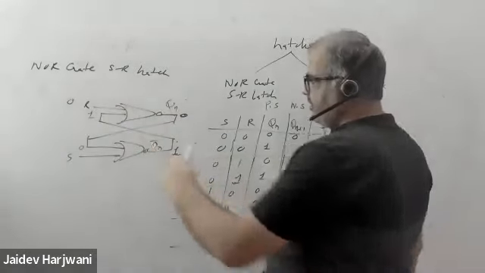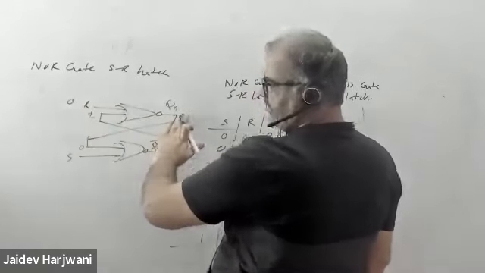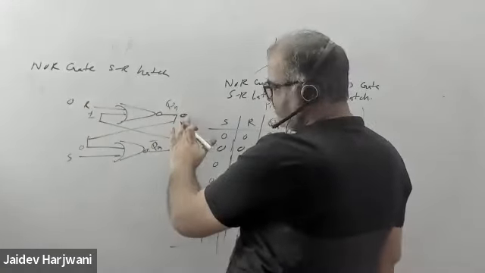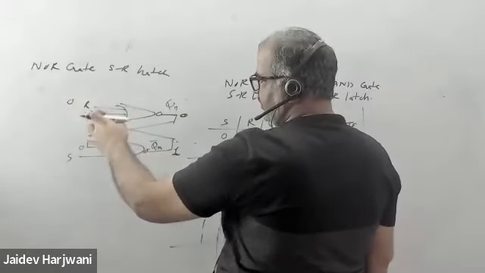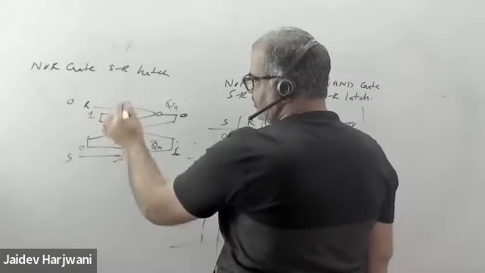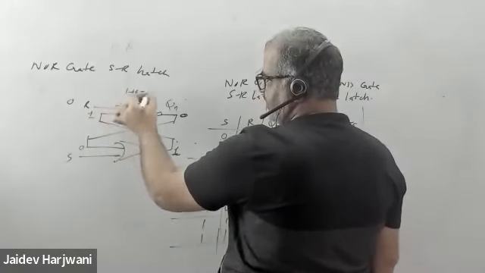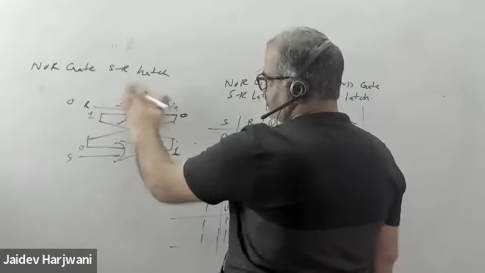So now here we have a 0. This is a memory element; some value is already there. Now you're changing the variables. If you give 0 here and 1 is already there, output connected here, 1 plus 0 becomes 1, and with NOR it becomes 0. So it is 0 here.